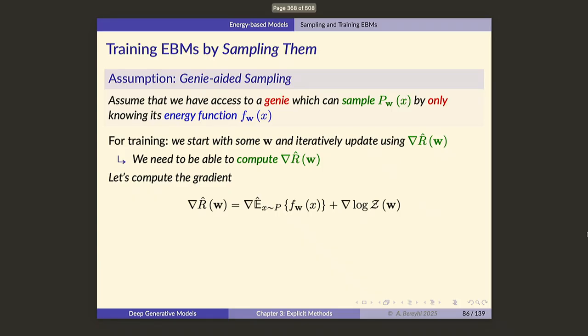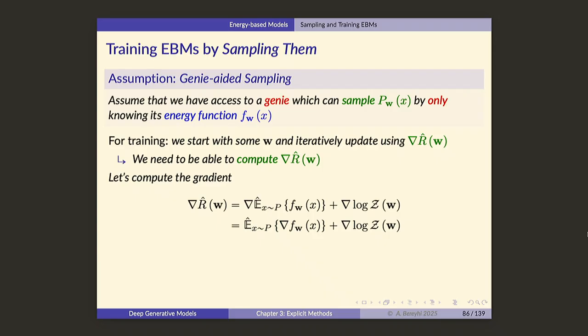Now, if I want to do the gradient, I'm going to just apply the gradient. So the gradient of this risk function is the gradient of the first term plus the gradient of the second term. Now, the gradient of the first term, I can take that gradient inside the expectation. Expectation is a linear operation, so I can apply the gradient inside. So I am going to write it down in this form. No magic.